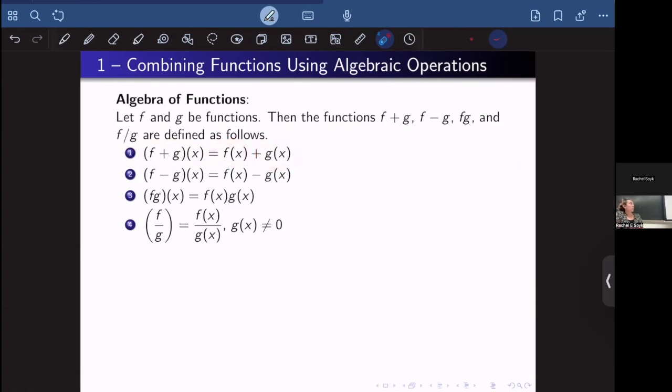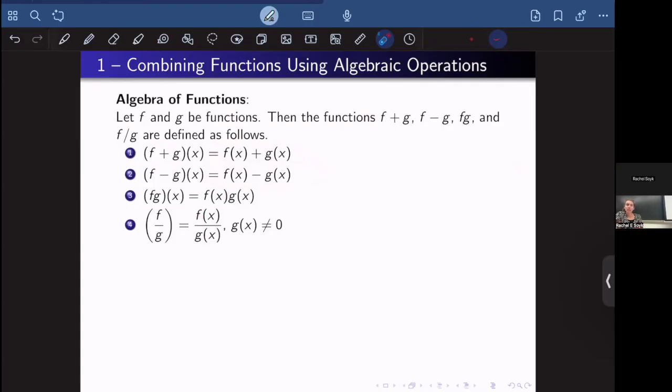The same goes when you're dealing with subtraction. You just subtract the two functions from one another. Multiplication, straightforward, you just multiply the two functions. And then dividing, again, you divide the two functions by one another.